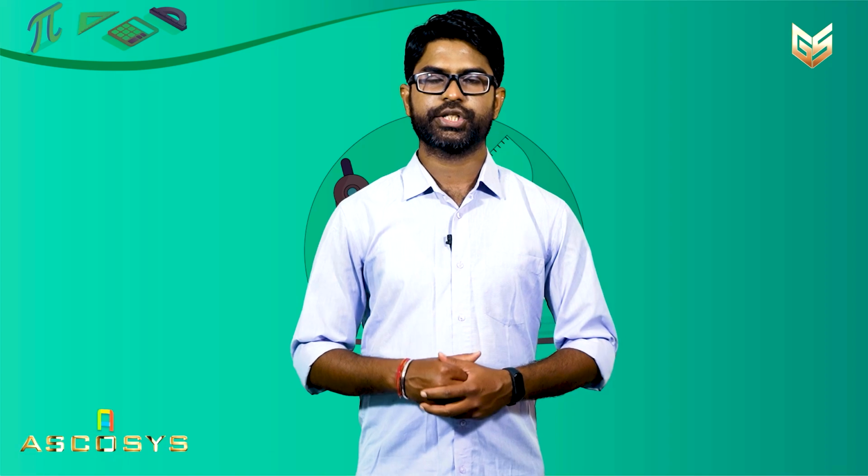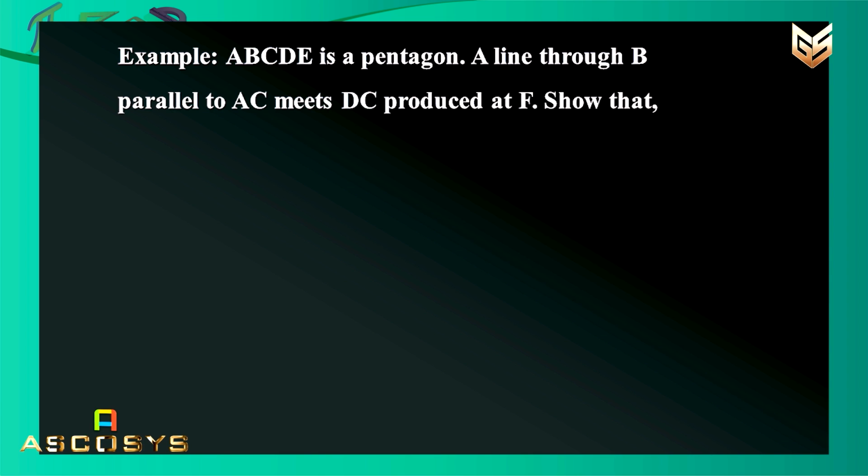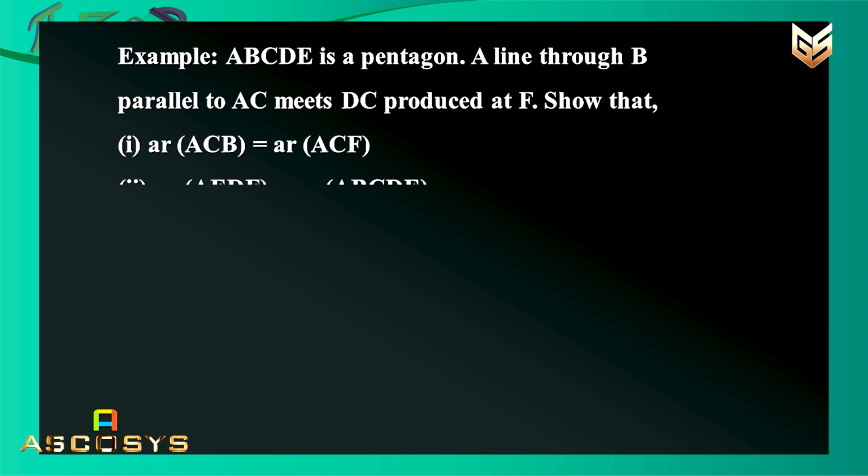Now the next question is, as you can see here in the figure, ABCDE is a pentagon. Here a line through point B parallel to AC meets DC produced at F. You need to show that number 1, area of ACB is equal to area of ACF, and number 2, area of AEDF is equal to area of ABCDE.